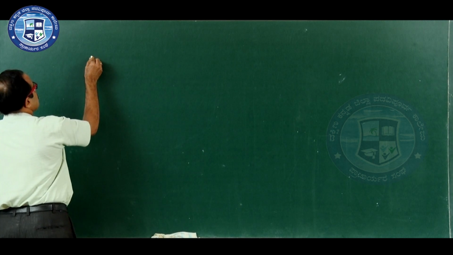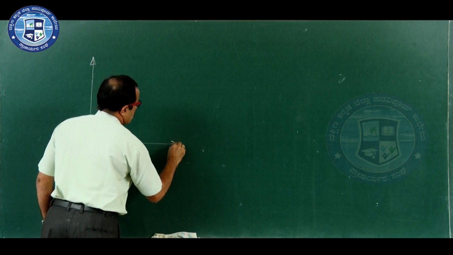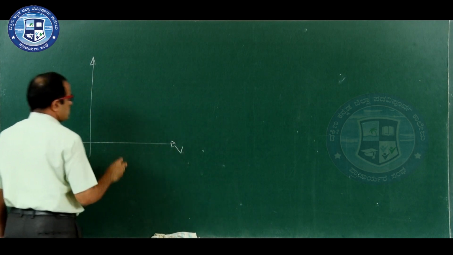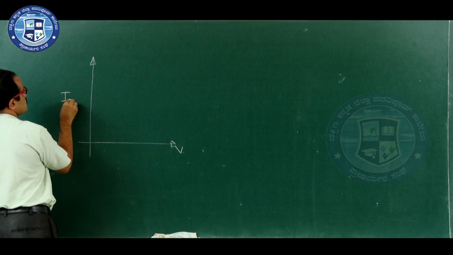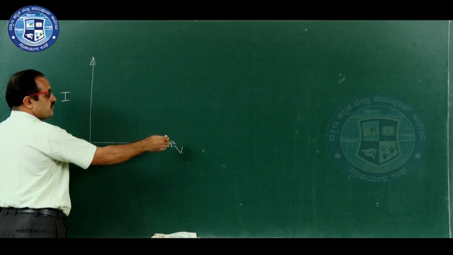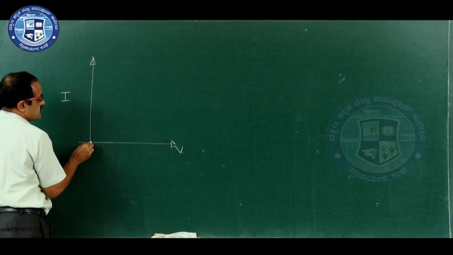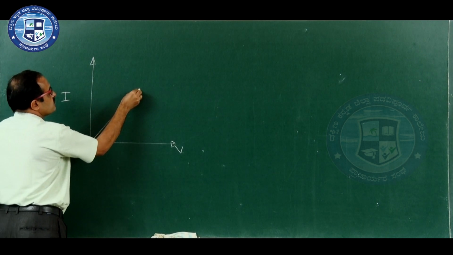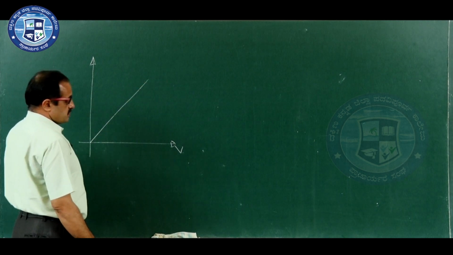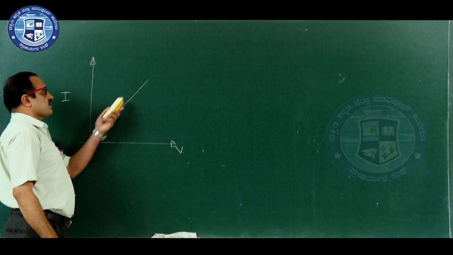If you plot the graph of voltage versus current, then as the voltage changes, current also changes, therefore, we expect a straight line graph. But experimentally the graph is not a straight line.